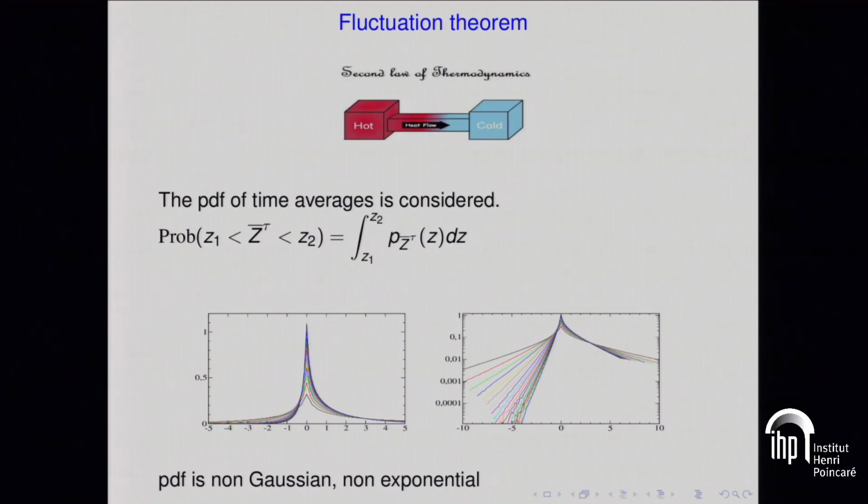What I'm actually looking at is what's called the fluctuation theorem. Fluctuation theorems have been very much considered in the last 10 or 15 years, and they come from non-equilibrium statistical mechanics. If you have a hot body and a cold body with a thermal bridge between the two, then the second law of thermodynamics tells us that heat goes from the warm to the cold.